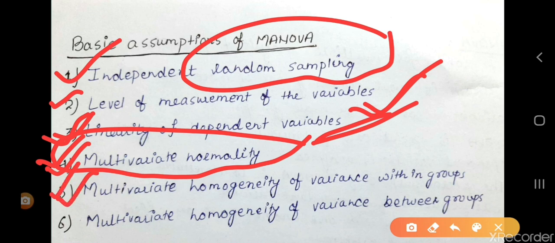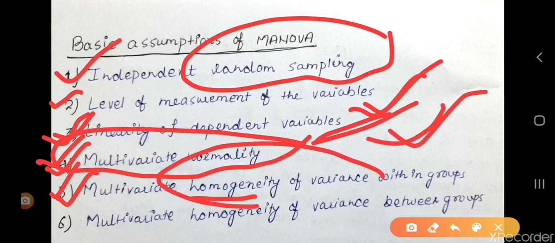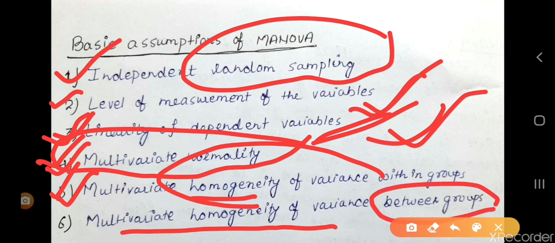The fifth assumption is homogeneity of variance within the group, which means the variances are equal.